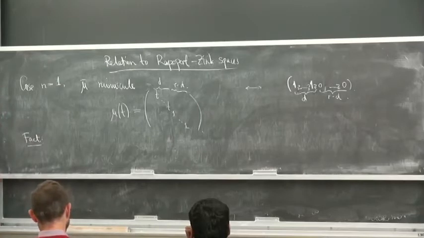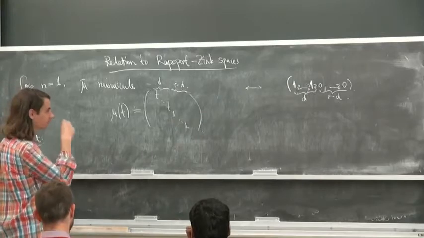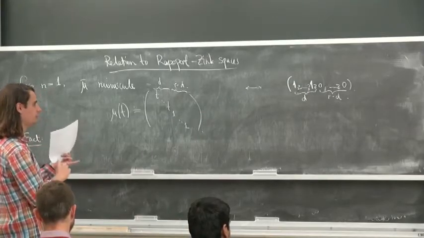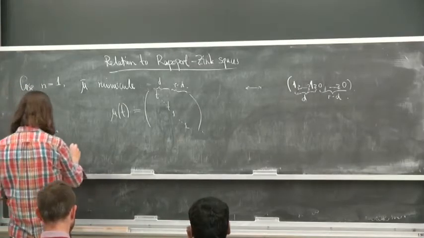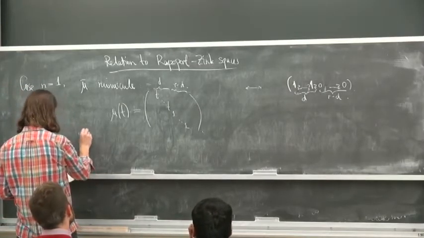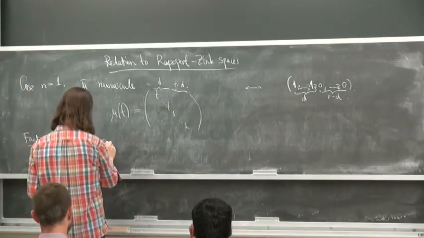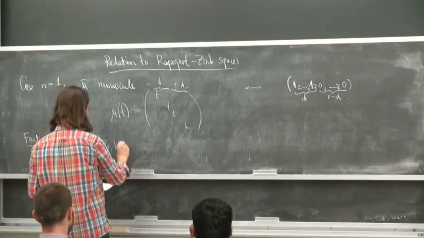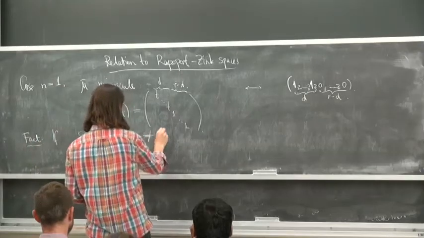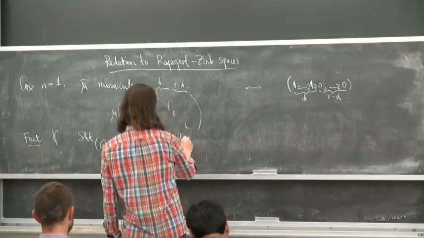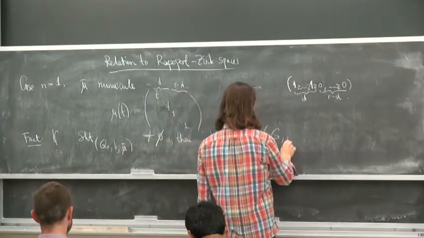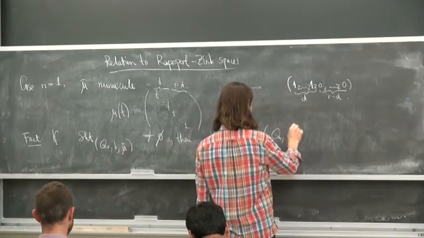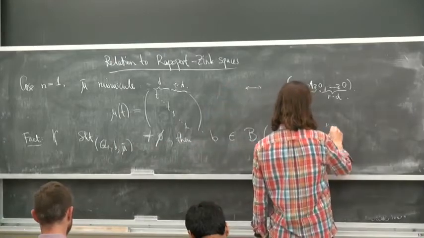Let me just state a basic fact, at least in this case. In general, you should put some compatibility between the b and the mu i's. And at least in this case, it's true that if the space GL_r, b, mu is non-empty, then this b has to lie in what's known as the GL_r, mu-admissible set.